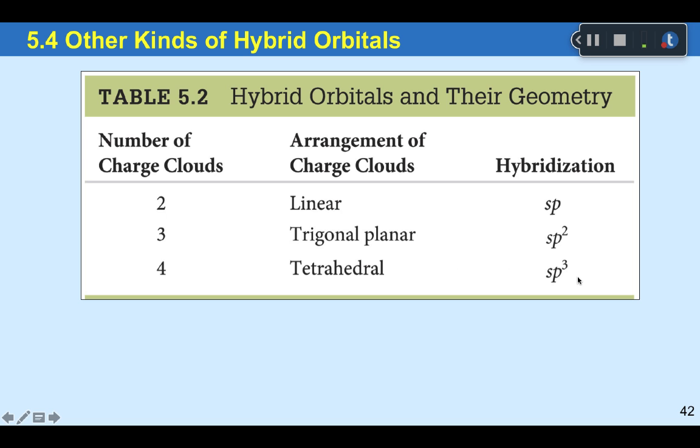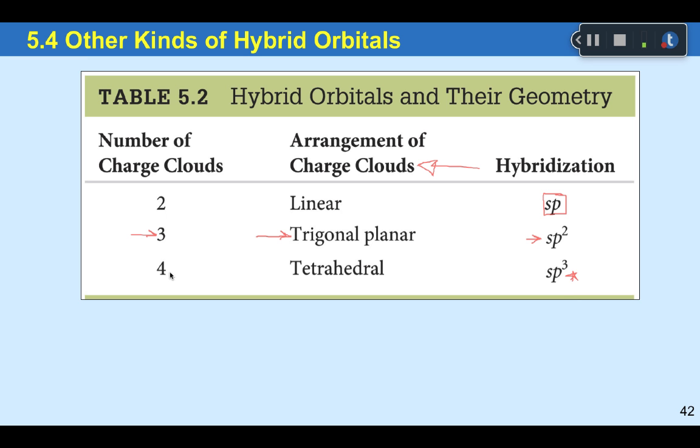So the bottom line, what you really want to remember here is there's 3 types of hybrids, and they go very directly with the specific charge cloud arrangements that have been described previously in our conversation about VSEPR. Every time you have 2 charge clouds and linear geometry, it is sp hybridization. Be careful how I said that. Every time you have 3 charge clouds where there's trigonal planar geometry, it's going to be sp2 hybridization.